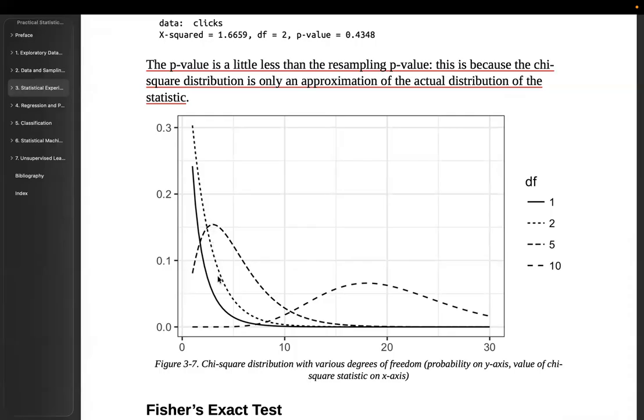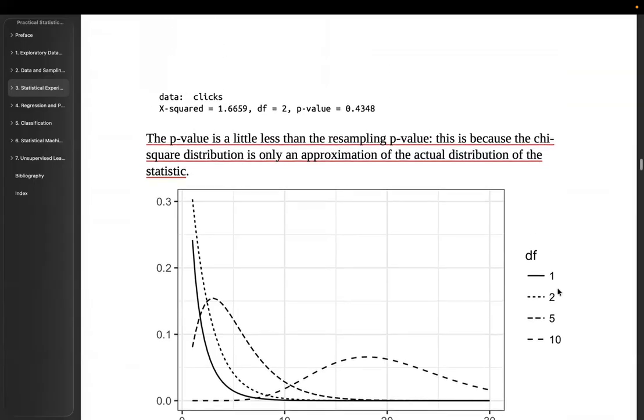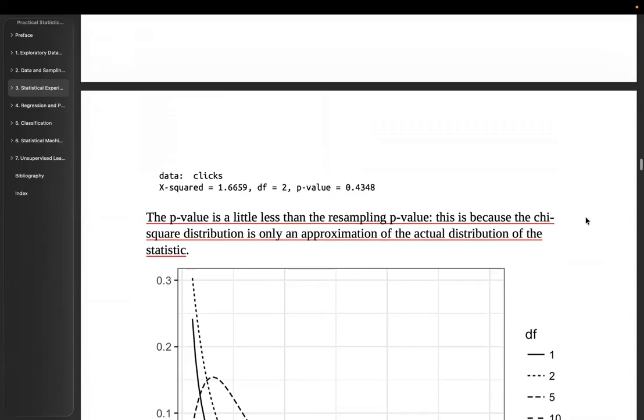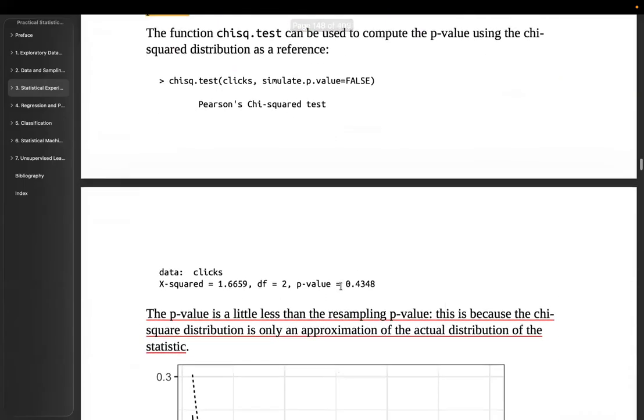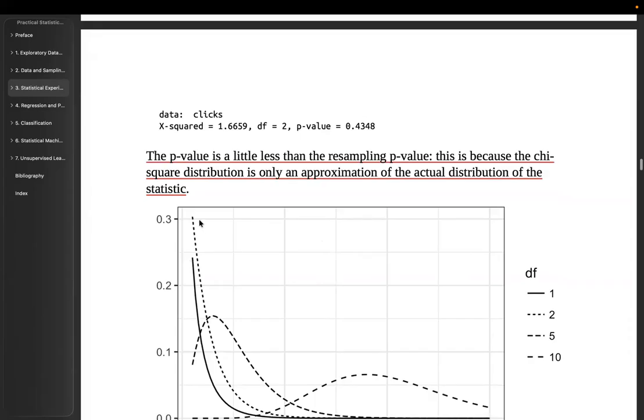This is the chi-square distribution graph, and we look at the value 2 somewhere here. It's a pretty big value, above 0.3, here it is 0.43. That makes sense: if you go up here in this graph you get something like more than 0.4. It checks out and matches what this is telling you. The p-value is 0.4348 with df 2, from r minus 1 times c minus 1, and looking it up here, it matches exactly.